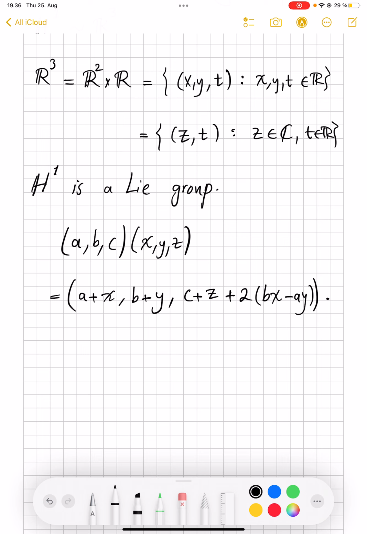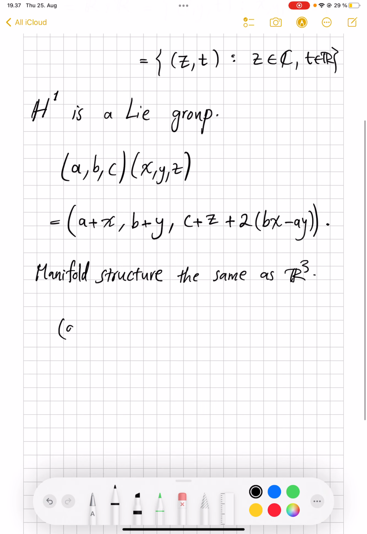So it's easier that the manifold structure, the smooth structure, is the same as R3. In this case, from the group multiplication, we can see that the inverse of an element in this product coincides with the inverse in the usual R3 addition structure.